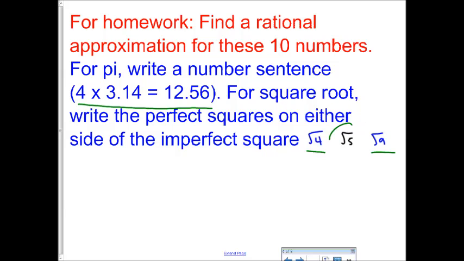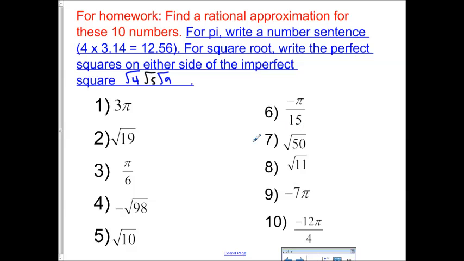So if it was root 5 and you wanted a rational approximation, give me the square root below and the square root above. For instance, 3 pi, I would like you to write 3 times 3.14 and then answer it. We'll check this tomorrow in class.